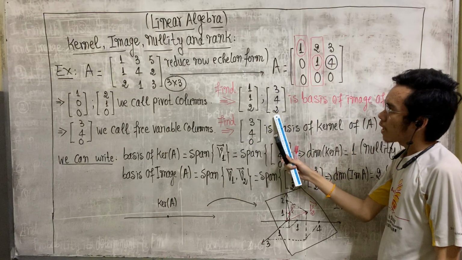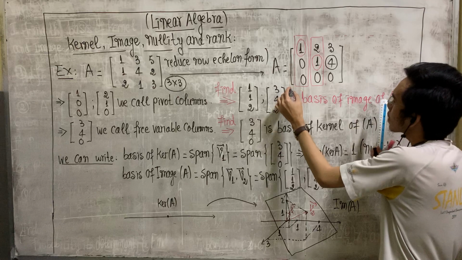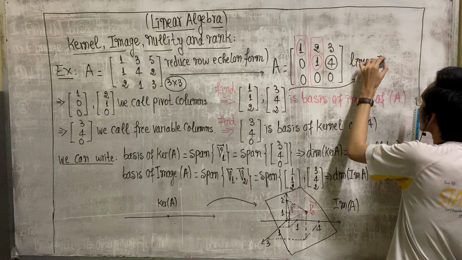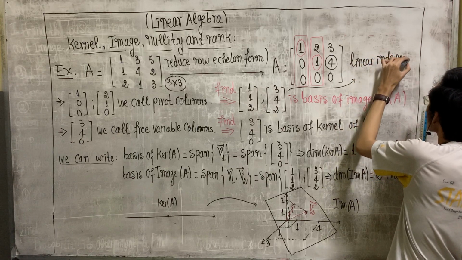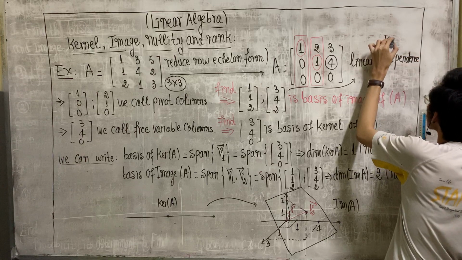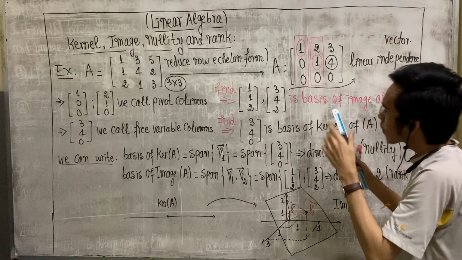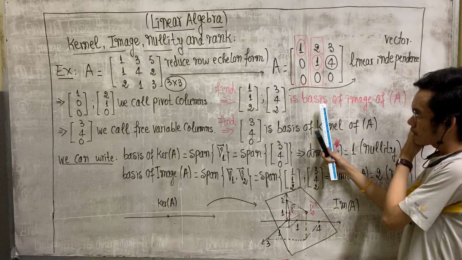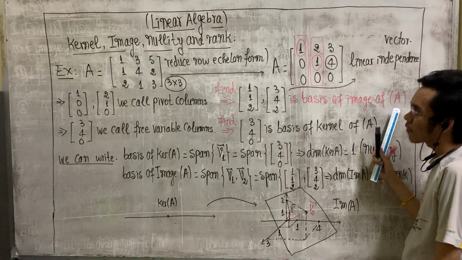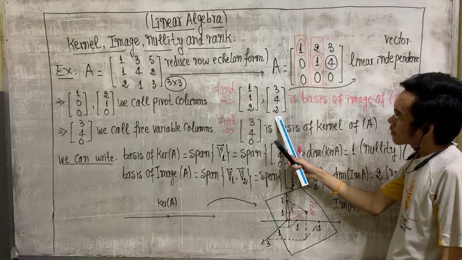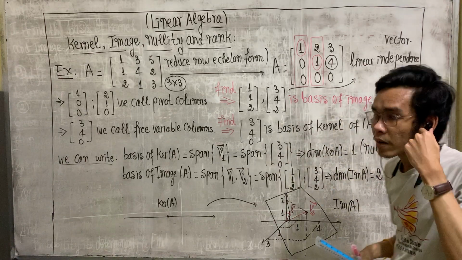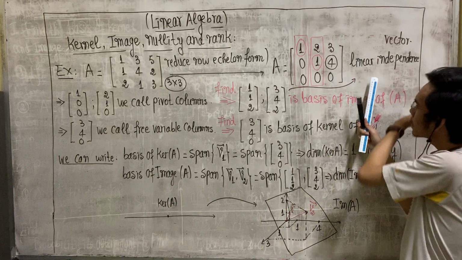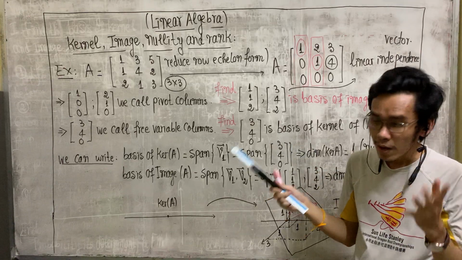The vector v1 and the vector v2 are linearly independent vectors. So if they are linearly independent vectors, what happens next? I will show you next.